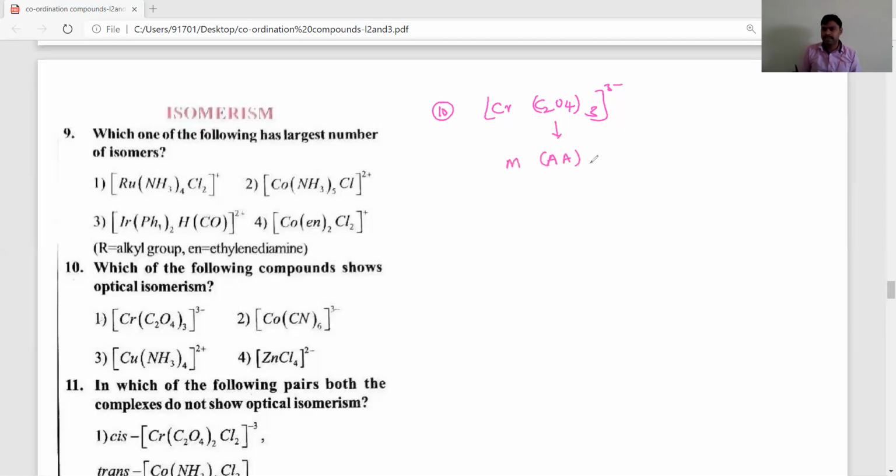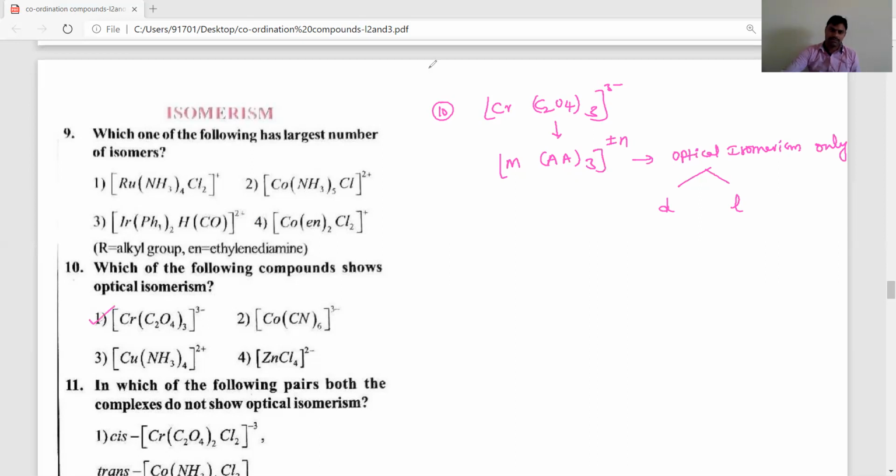It is M(AA)3, so like this complex it shows optical isomerism only, and does not show geometrical isomerism. So it has two optical isomers, the D compound and the L compound. So the answer is the first option.